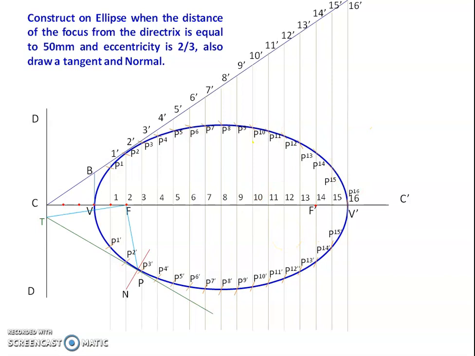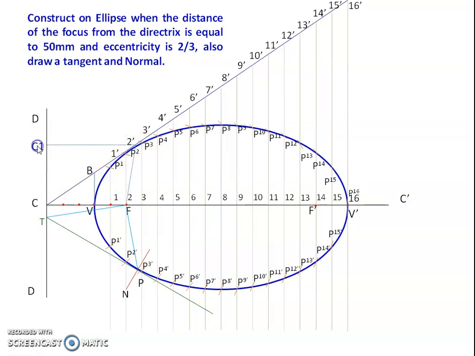Now you have to check whether the curve is right or wrong. So consider any point on the ellipse, draw one line from it, and extend it to the DD line.